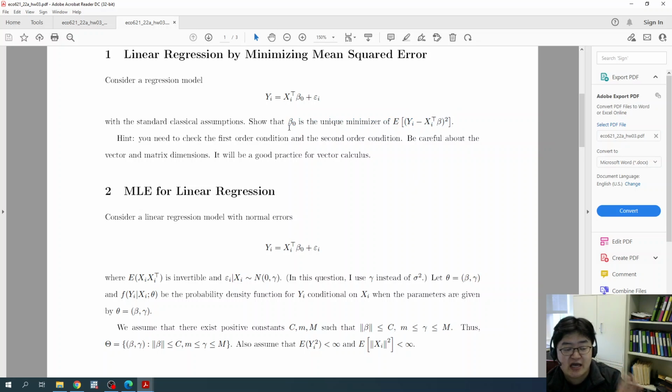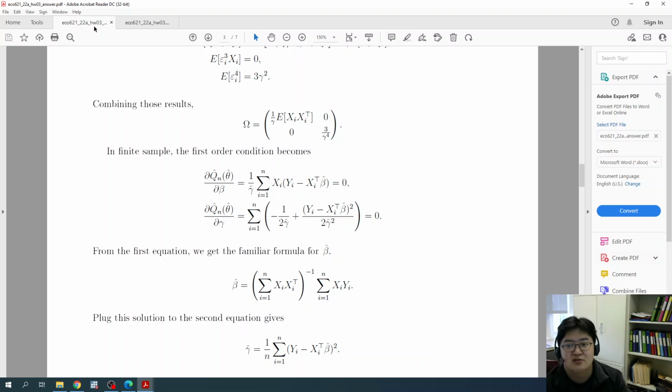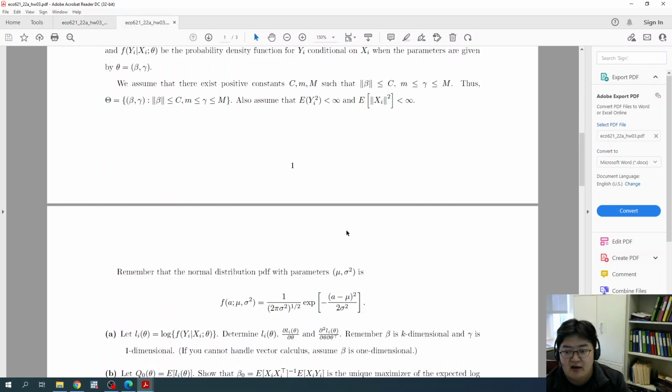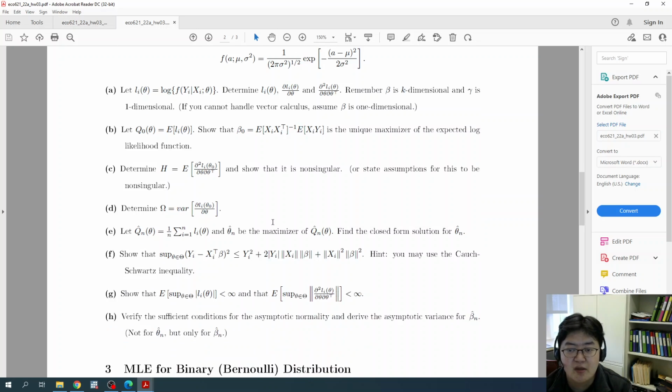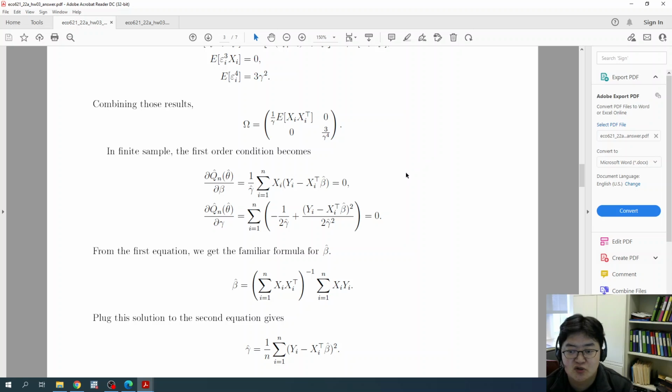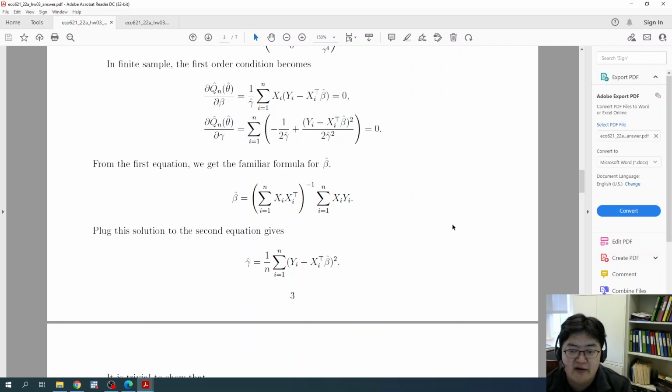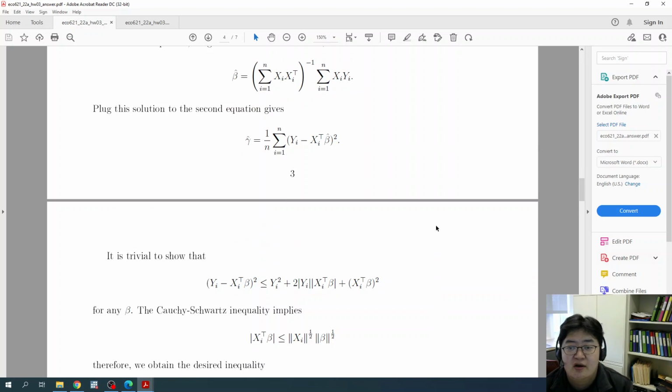But if you say beta 0 equals something, like this, that is a closed form solution. Of course, when you replace expectation with a finite sample counterpart. So a closed form solution is literally a formula for the solution.